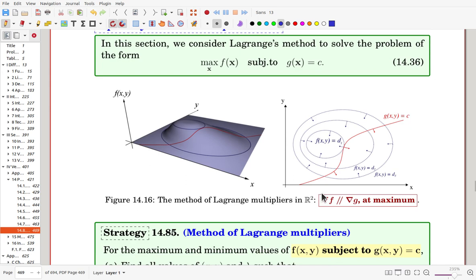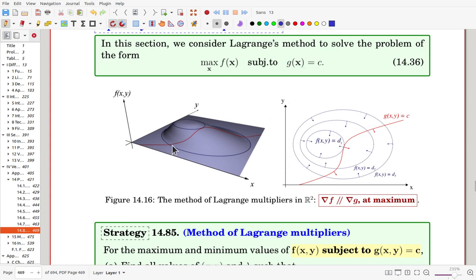Look at this figure. Z equals f of x, y is given here, so the maximum is happening here. But this constraint means that x must be chosen satisfying this level curve.